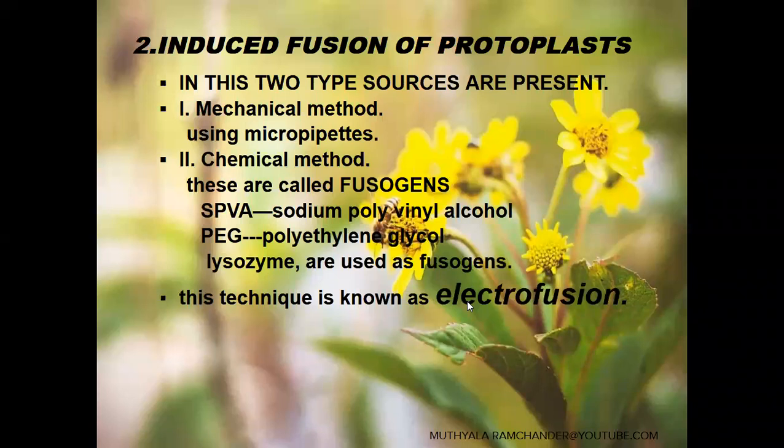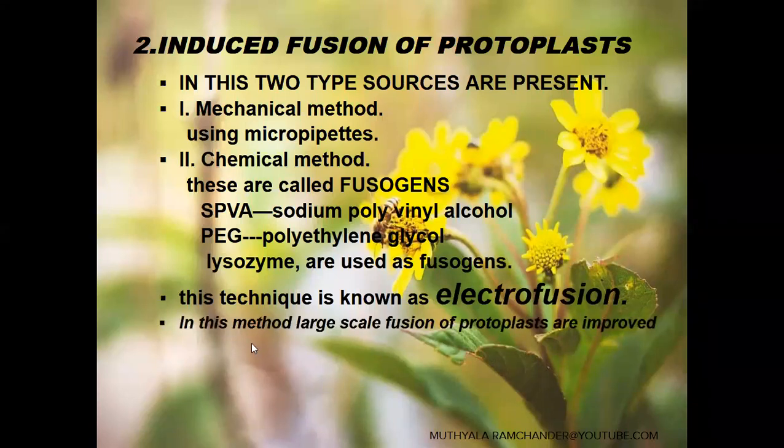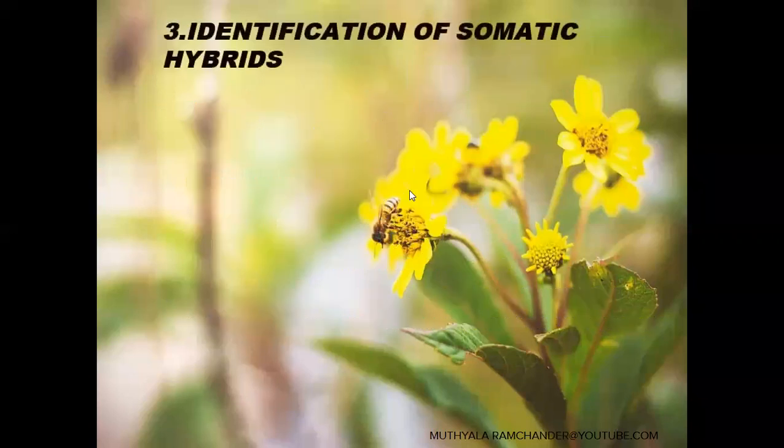Electrofusion means we used chemicals for the protoplast fusion, and large scale fusion of protoplasts is improved. Mainly in the induced method, the chemical method process, large scale fusion of protoplasts is improved by the electrofusion or by the fluorescence. Now, the identification of somatic hybrids.